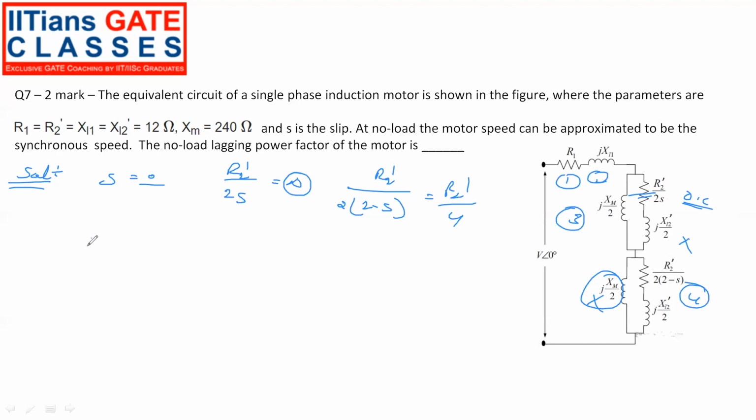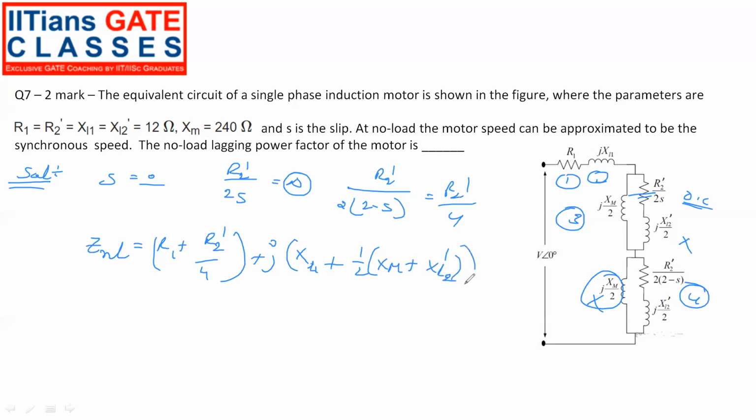The total no load impedance ZNL equals R1 plus R2 dash by 4 plus j times (XL1 plus half XM plus XL2 dash). If you substitute the values and solve this, finally we'll get around 138.81 at angle 83.79 degrees.